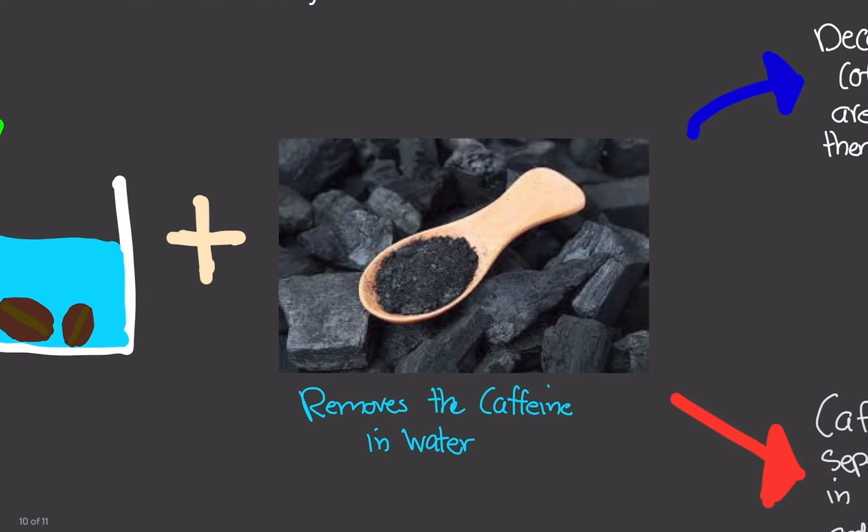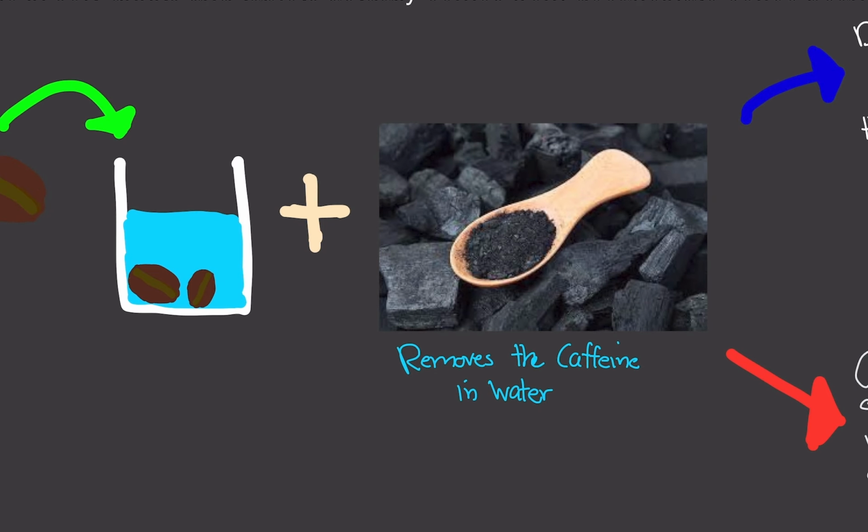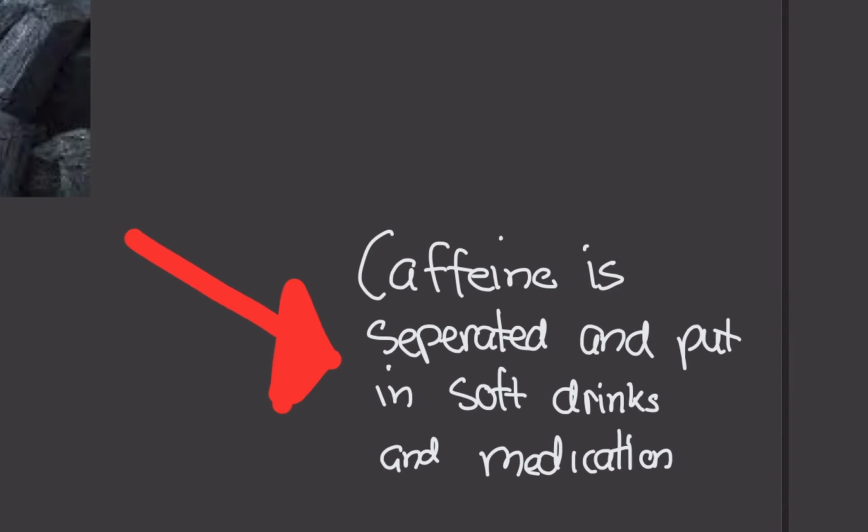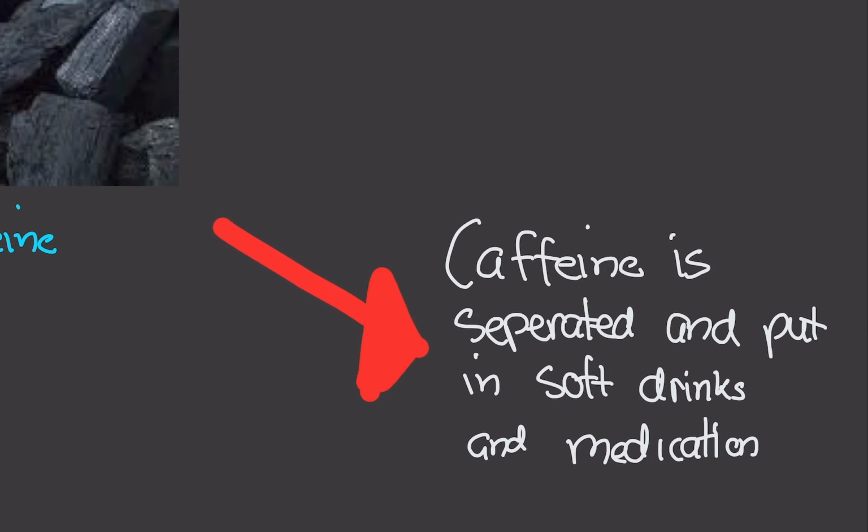Then I've got the stock image of activated charcoal. Combined with the activated charcoal, it removes the caffeine out of the water, so that when you put the coffee beans in there, the water is now enriched in caffeine. Now, the caffeine is separated and put into soft drinks and medication.